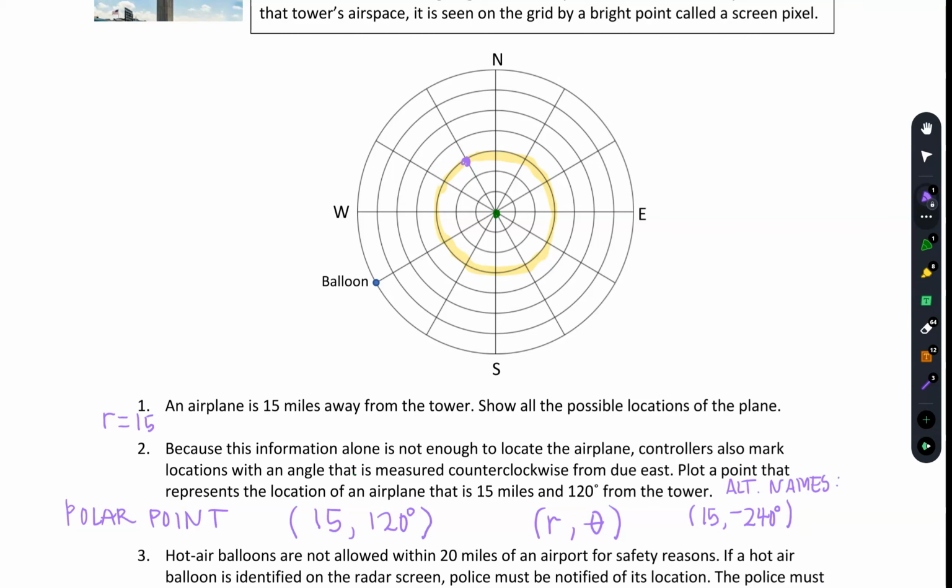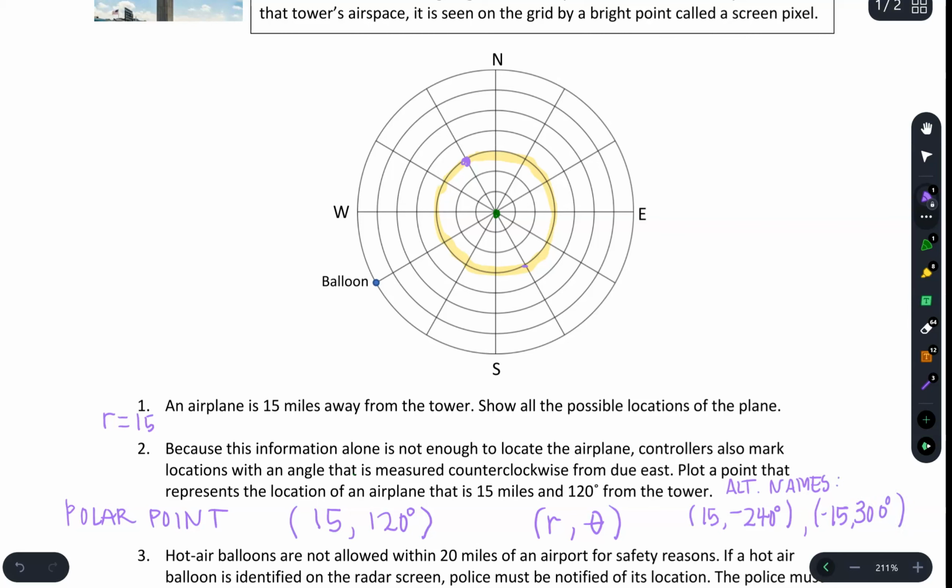You could have a negative radius. So it's kind of weird. You would call it a negative 15, and then that would be at 300. So the same location kind of down here. So it's going to be at 300 degrees.